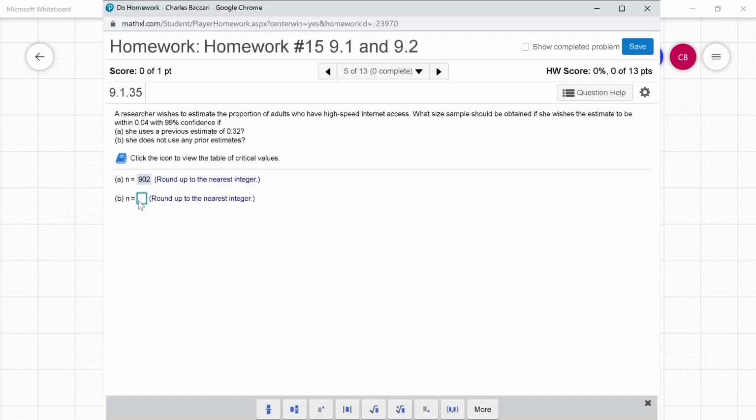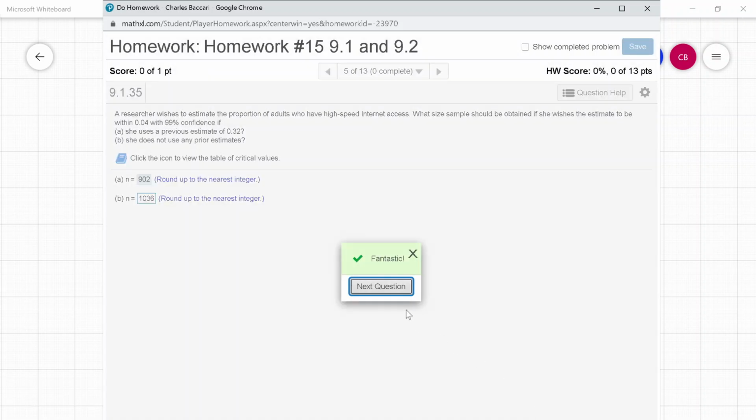So that's basically telling you that if you don't have data from before, just assume it's 50%, and you'll have to do 132 more, but it'll give you a fairly good chance of predicting it right and knowing what percentage of adults have high-speed internet access at a 99% confidence interval with a 4% margin of error.